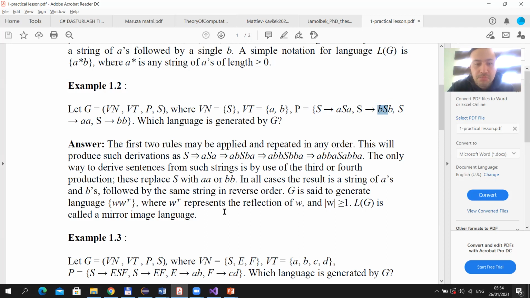So G is said to generate the language WW^R, where W^R represents the reflection of W. That is the palindrome, a kind of mirror: the right-hand side is the mirror of the left-hand side.